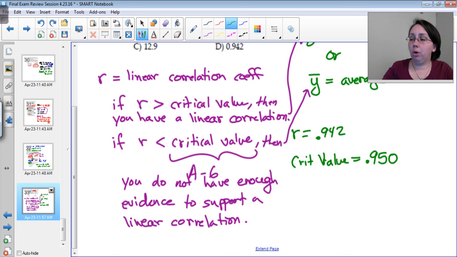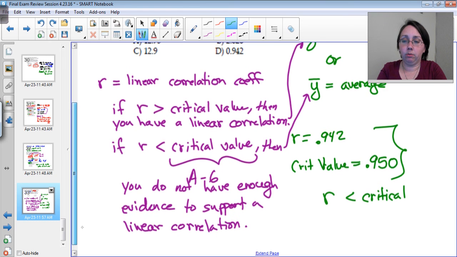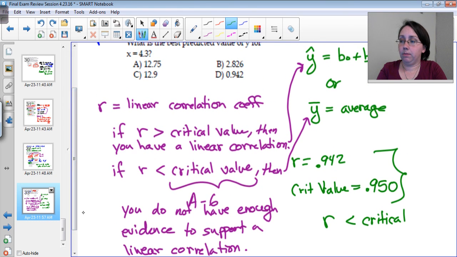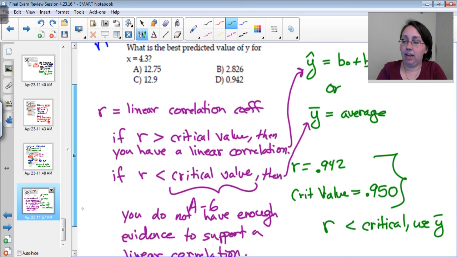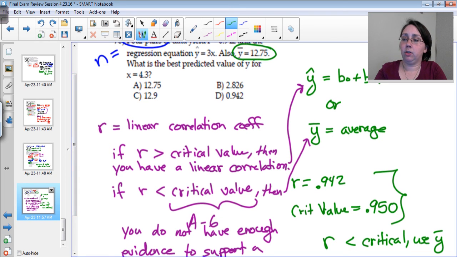So how do our R and critical value compare here? R is less than our critical value. So which one are we going to use to estimate the Y value? y bar. So y bar, they actually gave that to you in this question somewhere. Oh, there it is. So that's your answer.